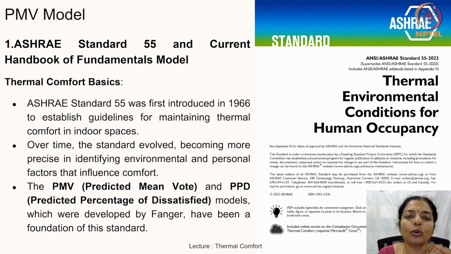This approach was suited for climate controlled environments where variables such as air temperature, radiant heat, air speed and humidity could be managed precisely. The model was based on assumptions made in controlled environments like climate chambers and it didn't fully consider behavioral adaptation of occupants.